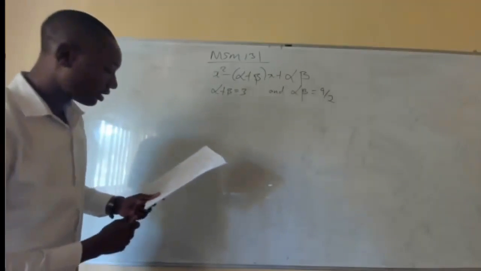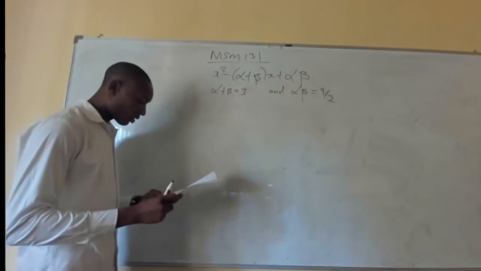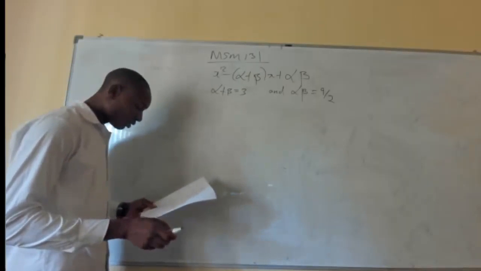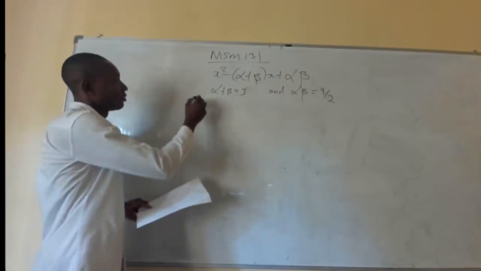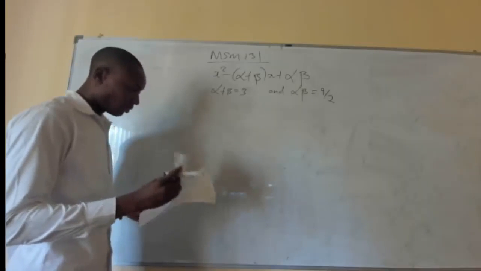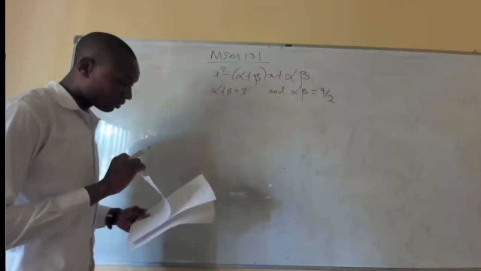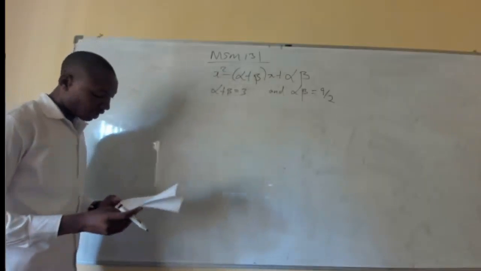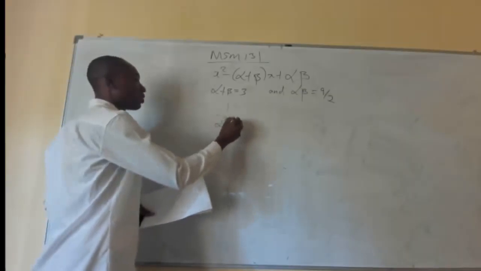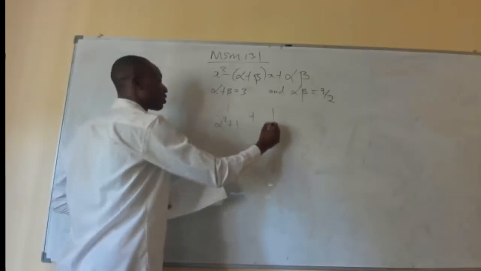Okay, let's look at a different question. Let's look at this: 1 over alpha squared plus 1, plus 1 over beta squared plus 1.